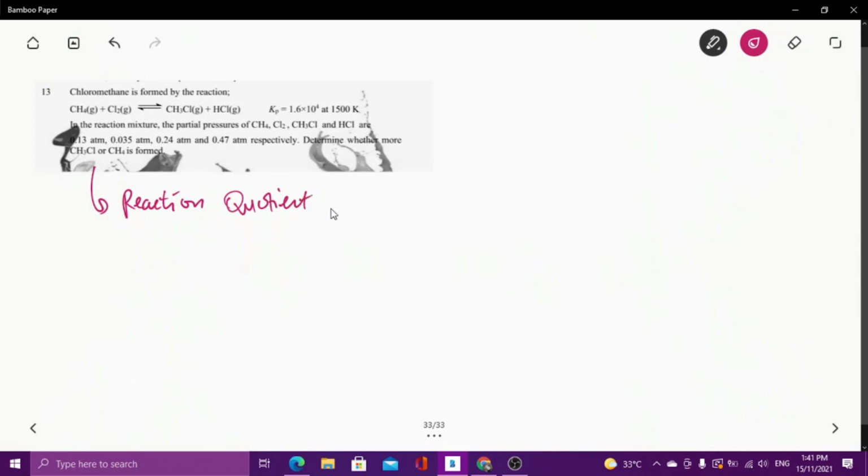quotient ataupun Q. Okay, so Q ni dia ada dua jenis. Dia ada QC, dia ada QP. Okay, so anda boleh nampak it's related to, kalau QC is related to KC, QP pula is related to KP. Macam tu.